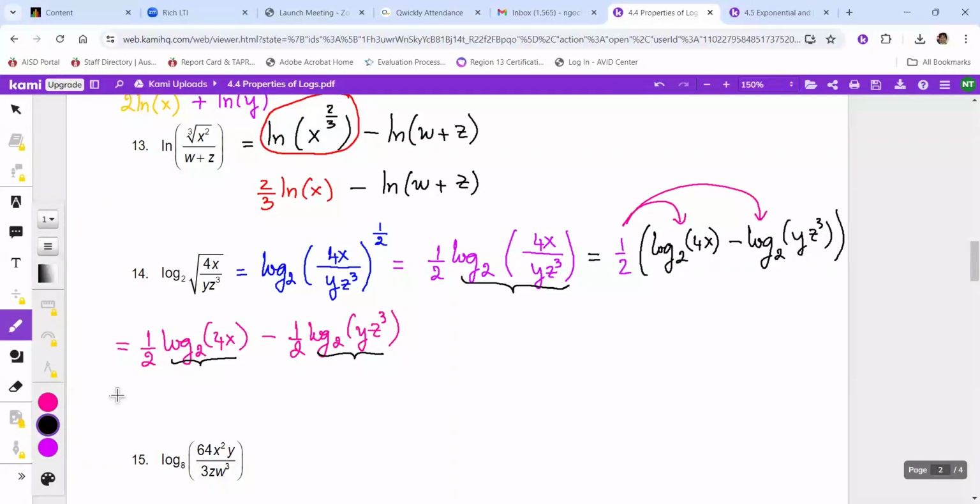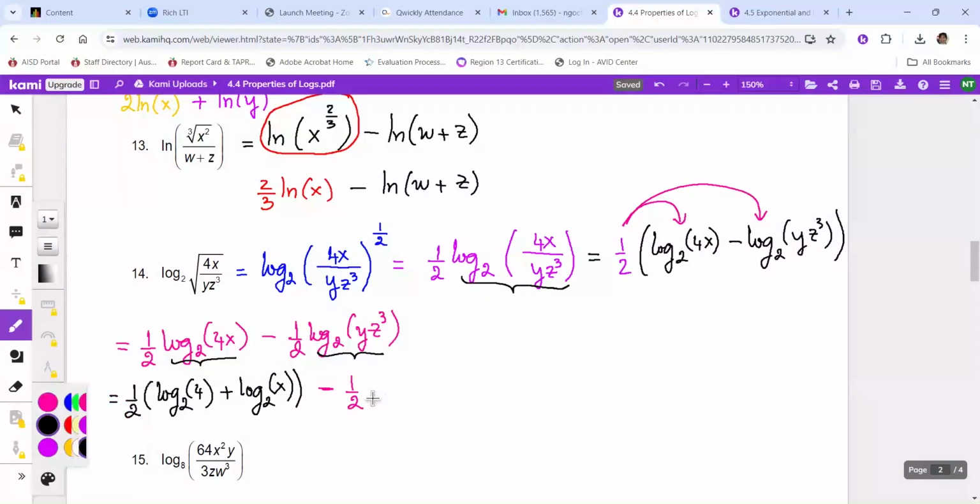So that will give us, so again, just keep in mind that we still have the 1/2 in front. So we'll do 1/2 times log base 2 of 4 plus log base 2 of x. So that will be the first one. And then close the parenthesis. Minus 1/2.